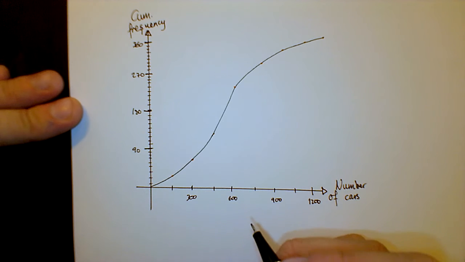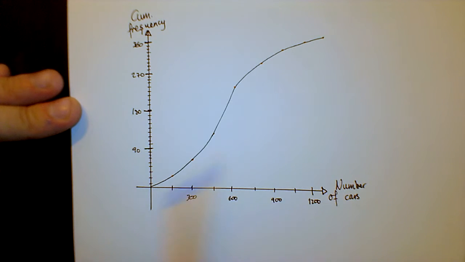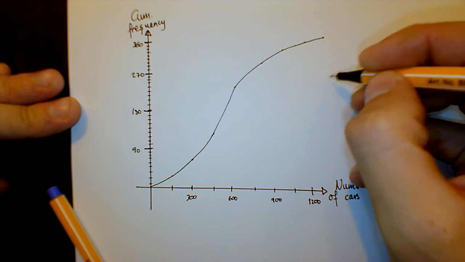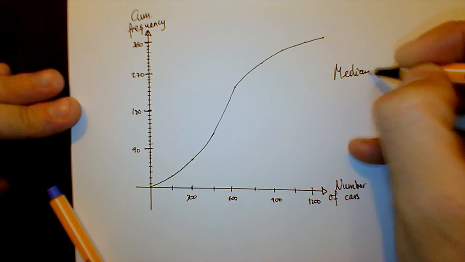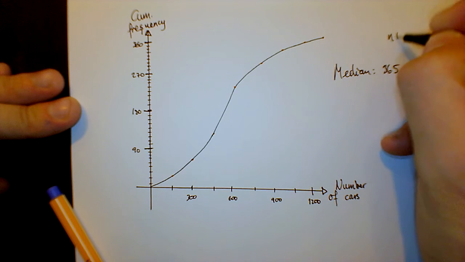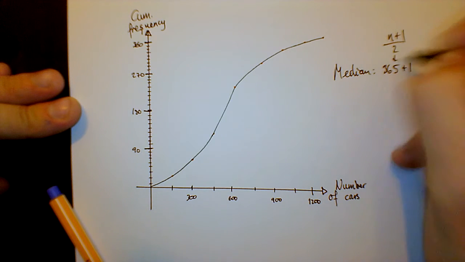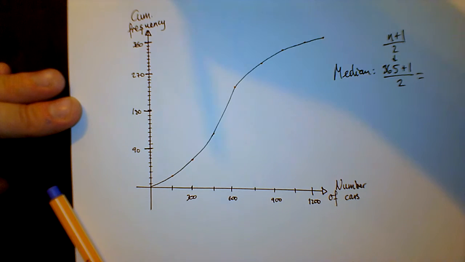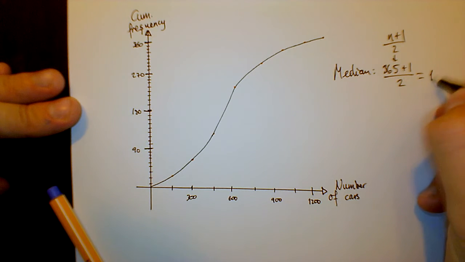So first, to find the median, we have to find the middle value. So 365, to find the median, we do n plus 1 divided by 2, so that gives us 365 plus 1 divided by 2, so that's 366 divided by 2, and we get 183.